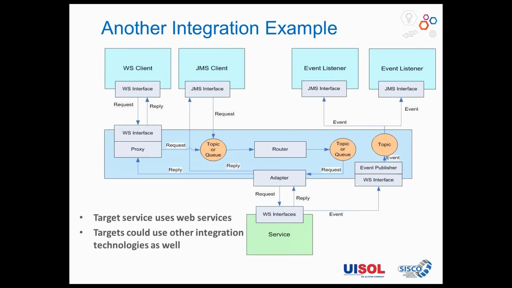This is another example. This is a bit more complicated, and what we have done is we've included an adapter in between. And this is key, because if you are doing CIM-based integration, the legacy system that's sending out the message and the legacy systems that are receiving the message may not know how to receive a CIM XML message.